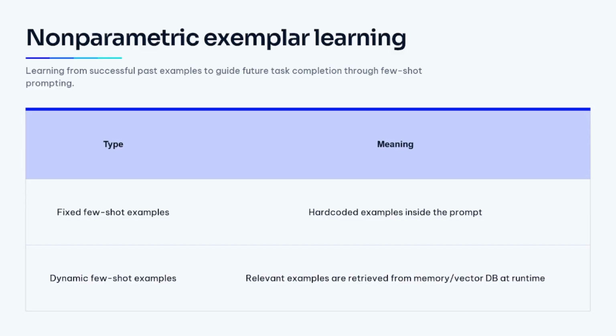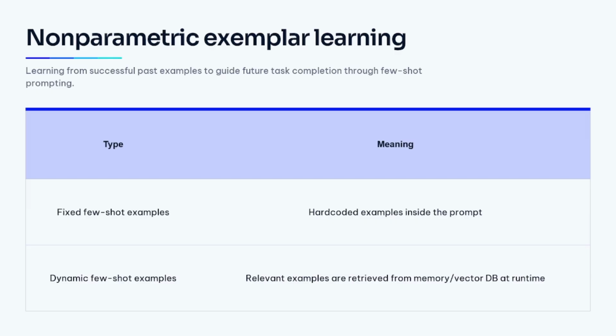Then we have non-parametric exemplar learning. Here, learning from successful past examples guides future task completion through few-shot prompting. So this is where the agent is able to learn from past examples, and then carry the past examples to the current or future task through few-shot prompting.